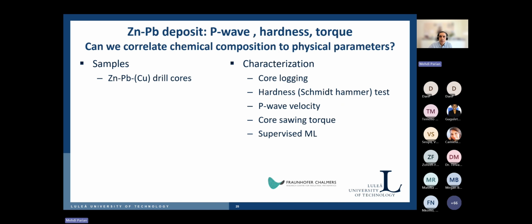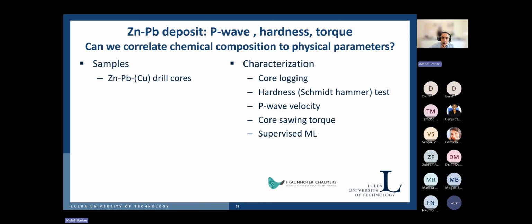Here is another case study done on a zinc-lead deposit by Fraunhofer Chalmers Research Center in Sweden. So the main data used in this study were core logging information, rebound hardness by Schmidt hammer, which is also a rebound hardness test, similar to Equotip, and P-wave data and core sawing torque that I showed earlier.